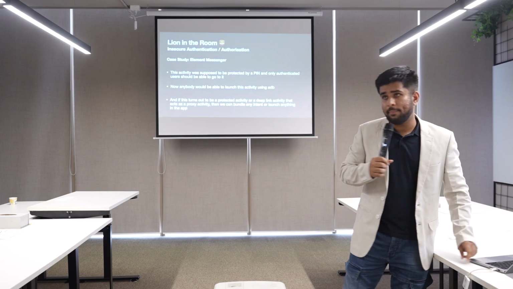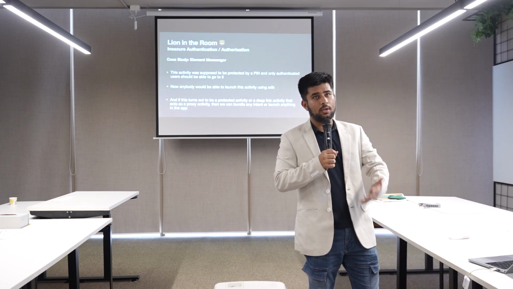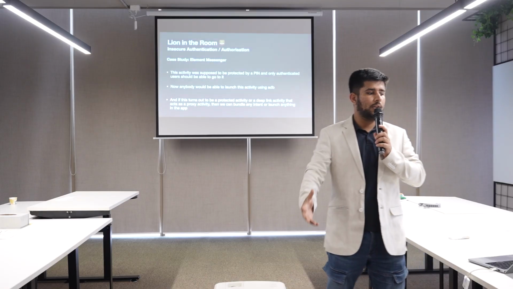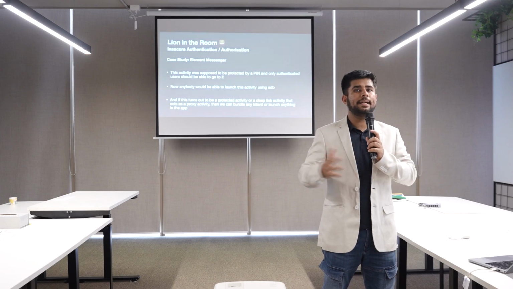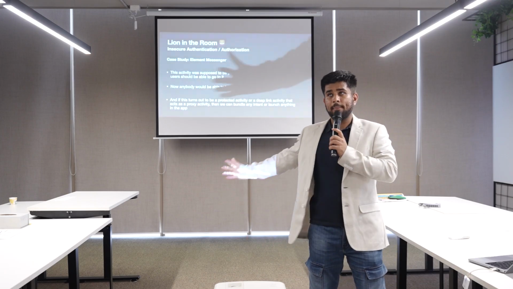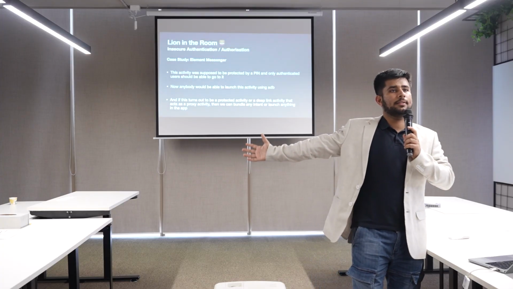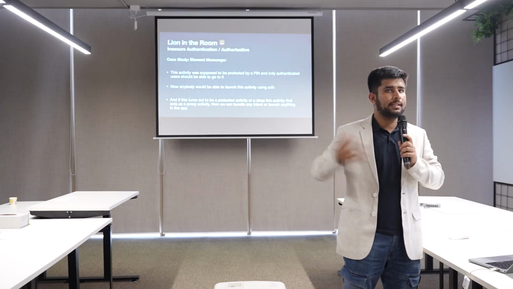But in this case, it turned out to be a proxy activity. A proxy activity is just like your deep link activity. Let's say you have a singular point in your app where it intercepts all the deep links and then decides where to go. What happened in this case was something called an intent redirection vulnerability. This activity would accept any kind of intent and just launch it.